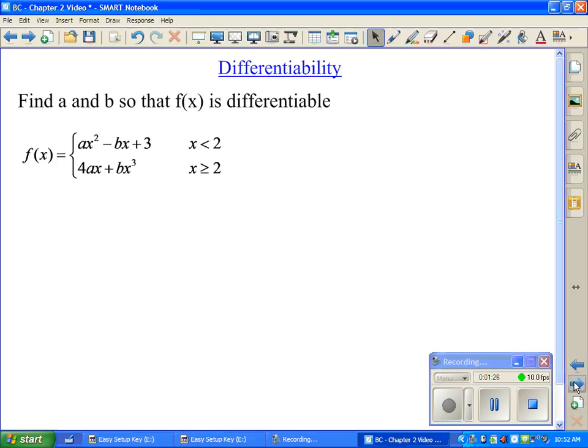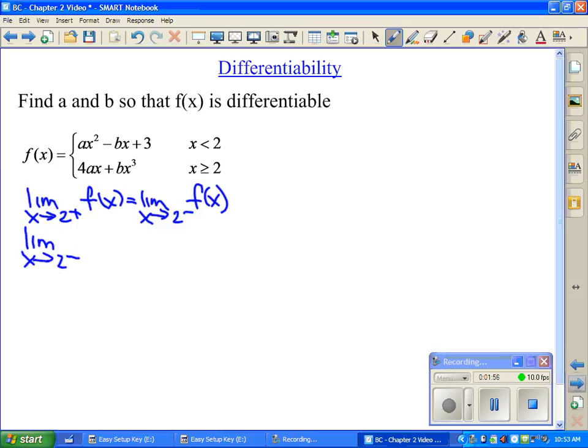So first, let's talk about differentiability. A function has to be continuous before it can even be considered to be differentiable. So first, we have to make sure that our two pieces here actually connect at x equals 2, which means you want to show that the limit as x approaches 2 from the right of f of x is equal to the limit as x approaches 2 from the left of f of x. If I use 2 from the right, I have to use the lower equation, which would be the limit as x approaches 2 from the right of 4ax plus bx cubed.